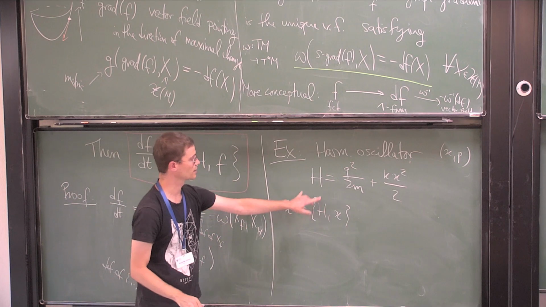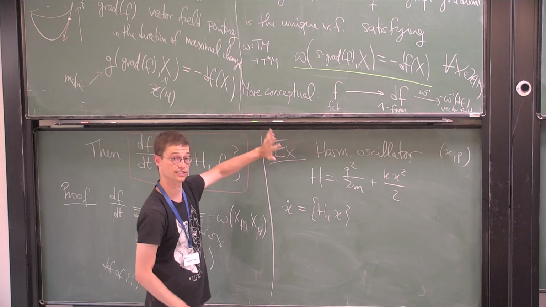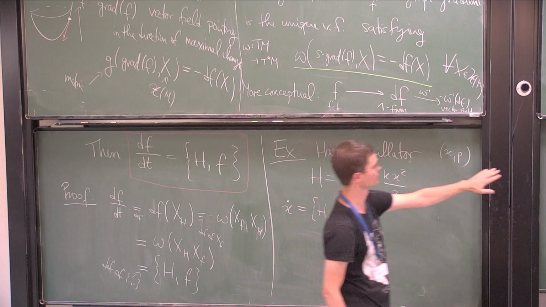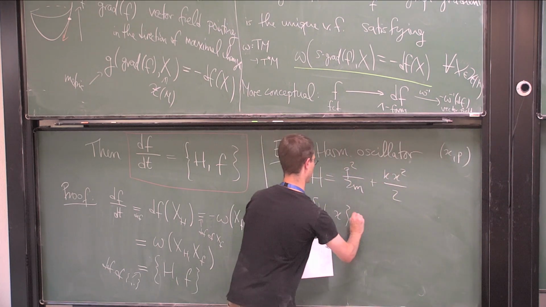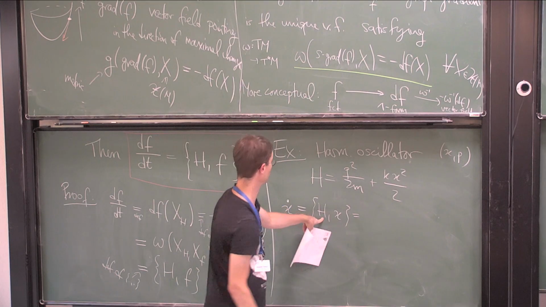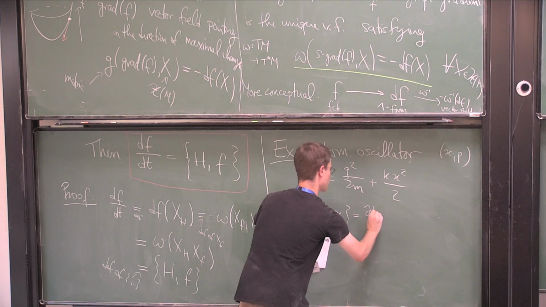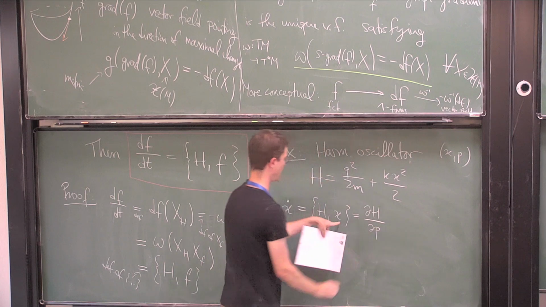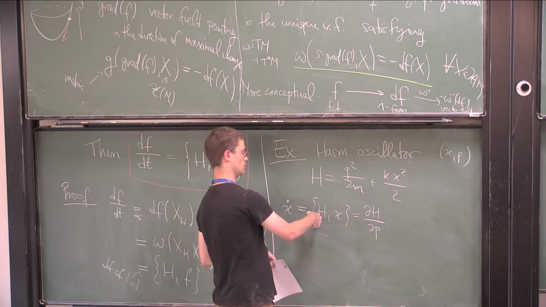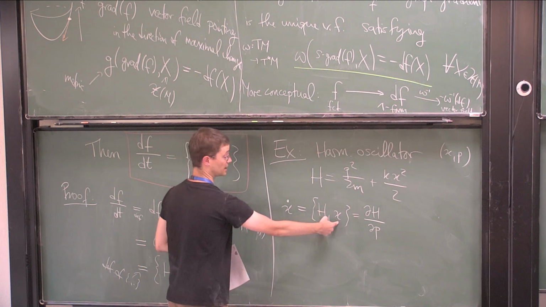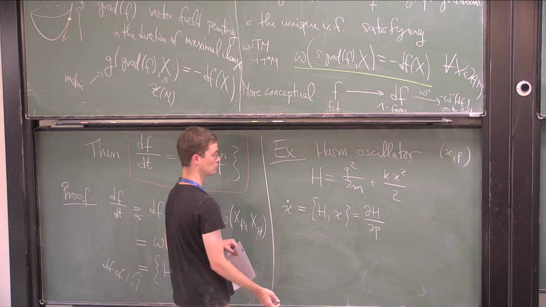So what's the Poisson bracket? The harmonic oscillator is just R2 with the standard structure. So we have the standard Poisson bracket. You derive h with respect to p, and x with respect to x, we get 1, minus the derivative of h with respect to x and p, x with respect to p, so this gives you 0.